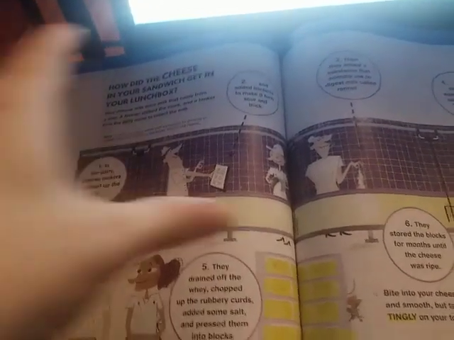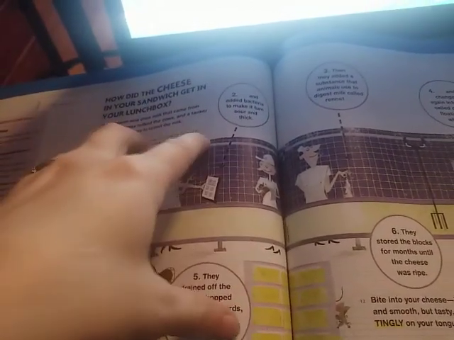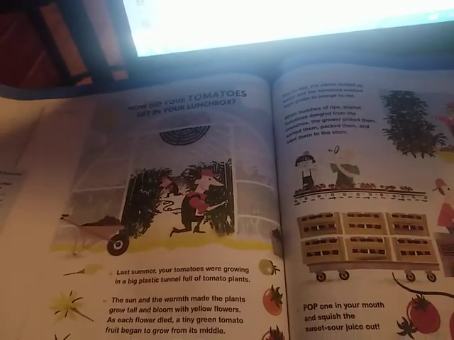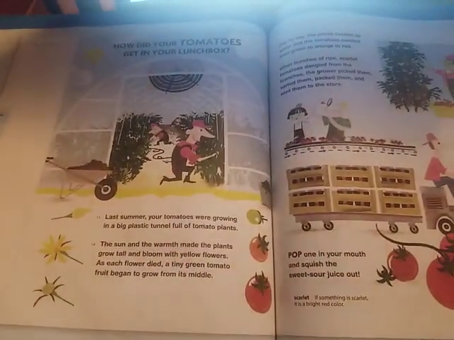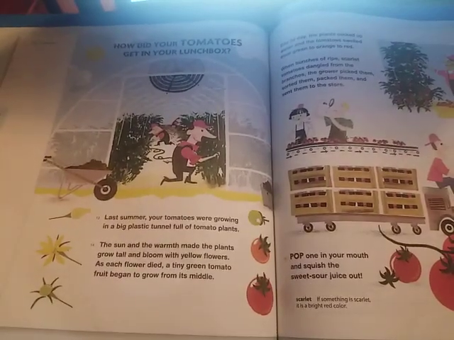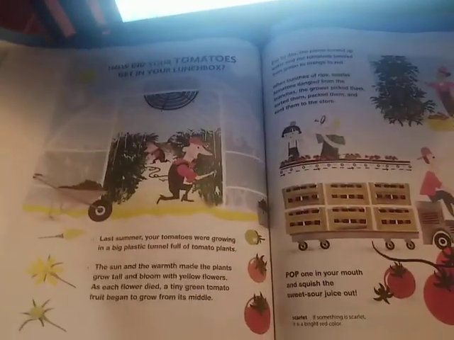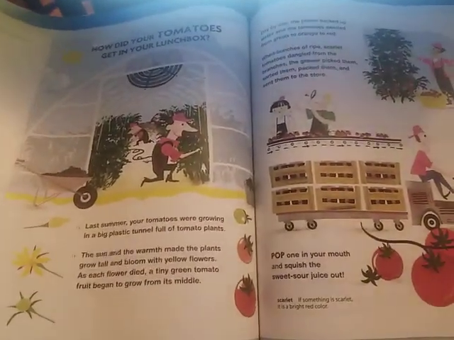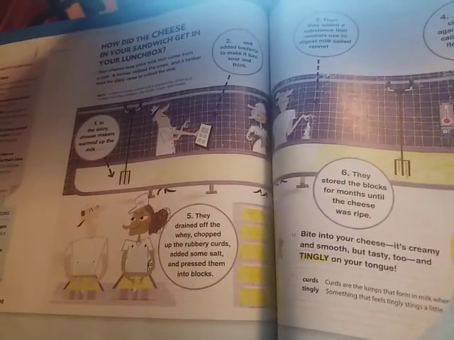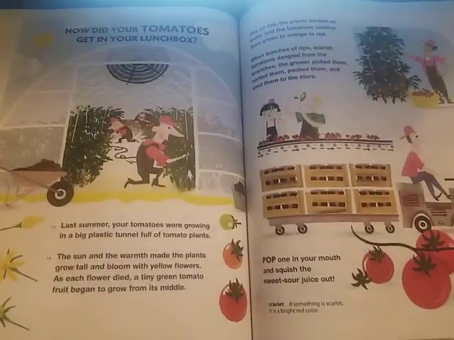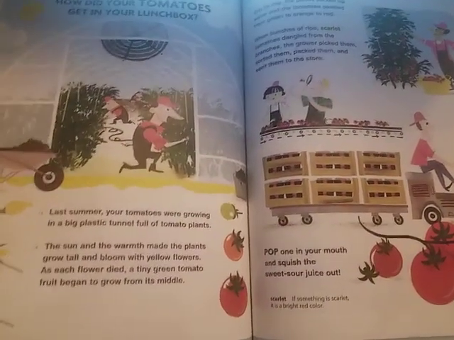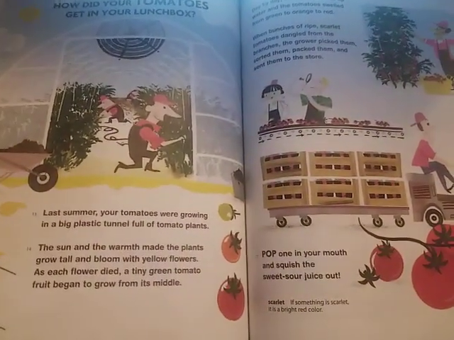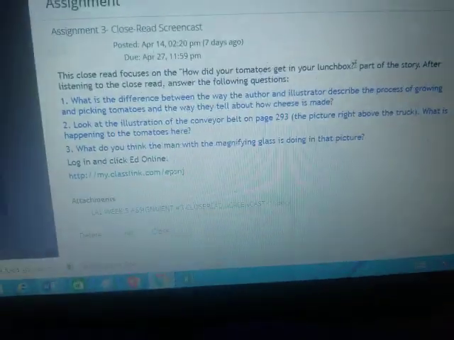So you're going to have to reread this part too, I guess. So reread this part, figure how cheese is made, but then tell me what is the difference between how cheese is made and how tomatoes are made. Obviously, we know we grow tomatoes. Do we grow cheese? Tell me how cheese is made, and then tell me the difference between how tomatoes are grown. So that's number 1.